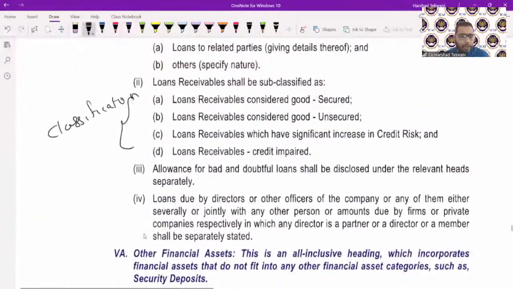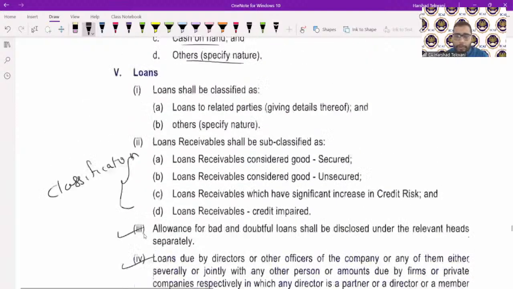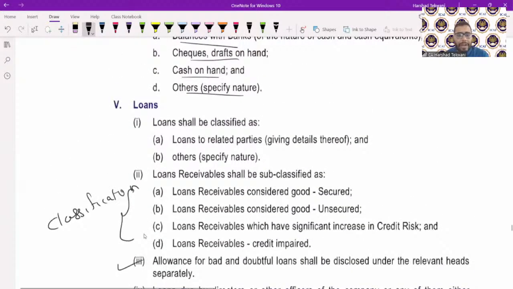Then allowance for doubtful loans, with directors or officers involved, you need to disclose separately. Now loans and advances means loans to related parties and others.